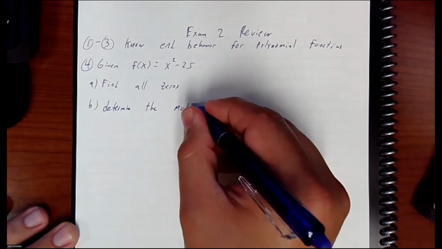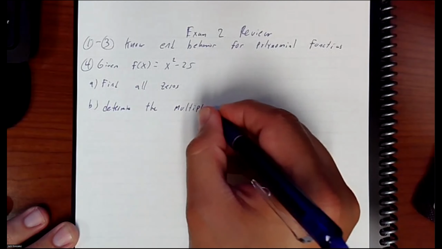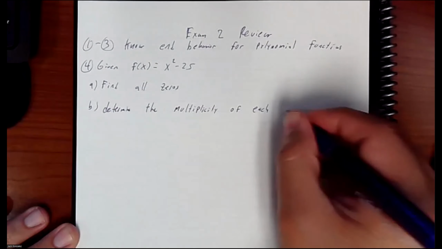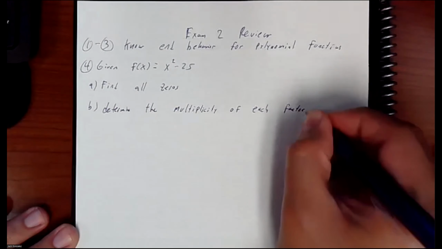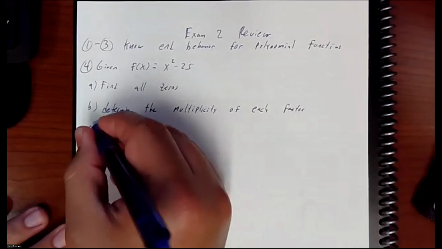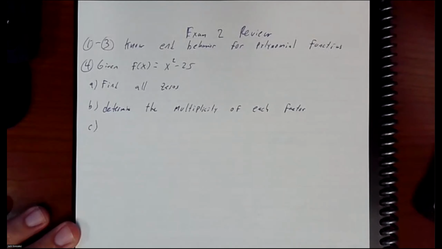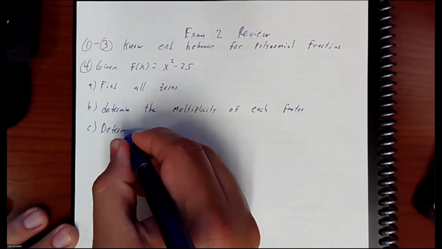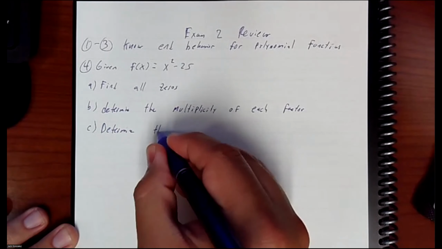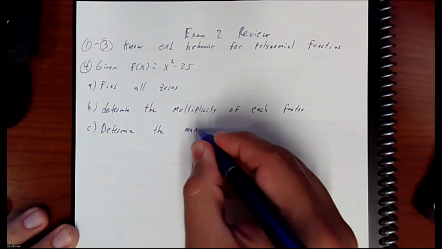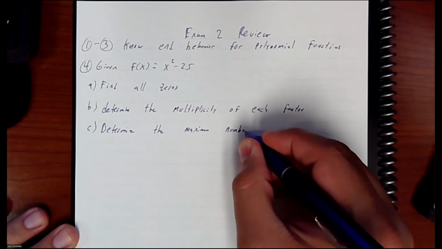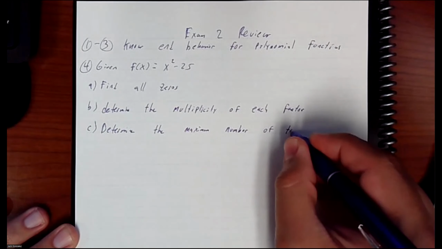They don't outright say it, but they should. Part C says determine the maximum number of turning points.